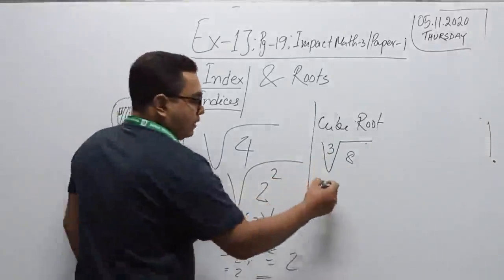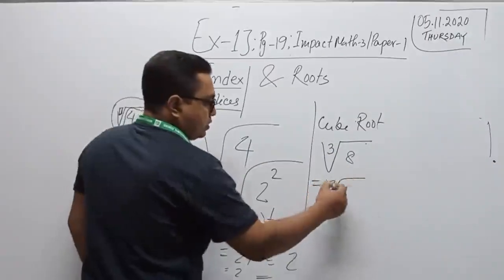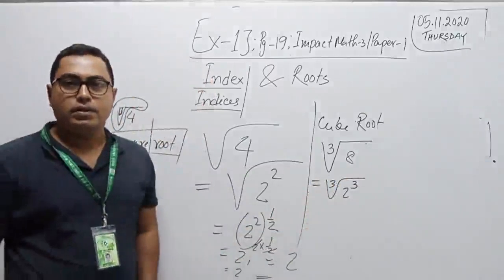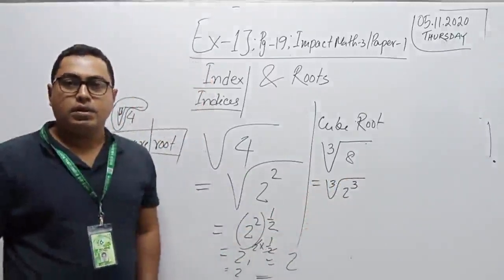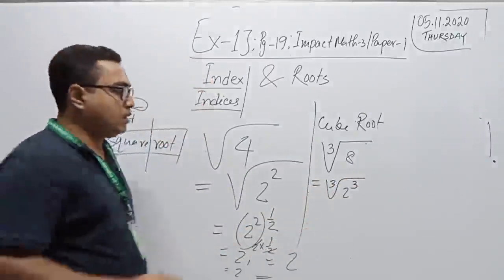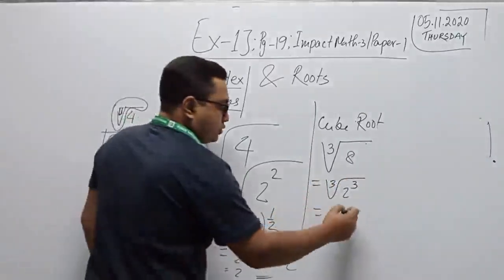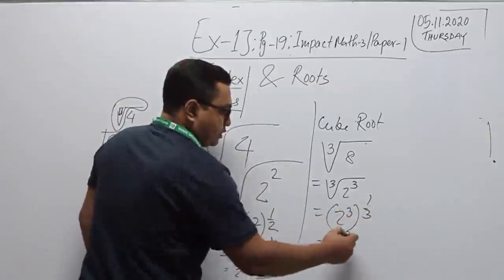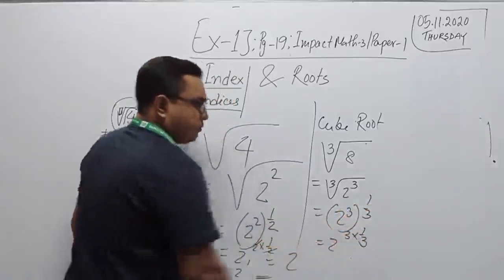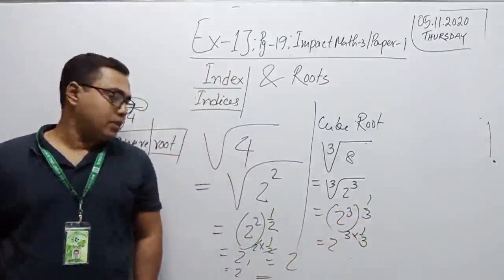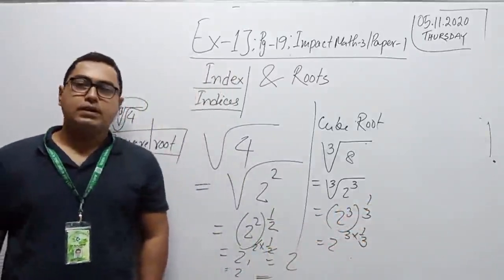Here, how do we manipulate this? 2 to the power of 3. Okay. 2 to the power of 3 is 8. So 2 to the power 3 to the power 1 by 3, then 2 to the power 3 into 1 by 3. That is the process of how we find the roots.